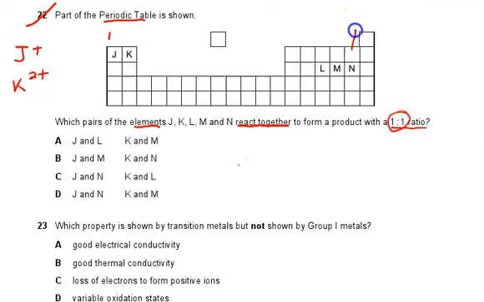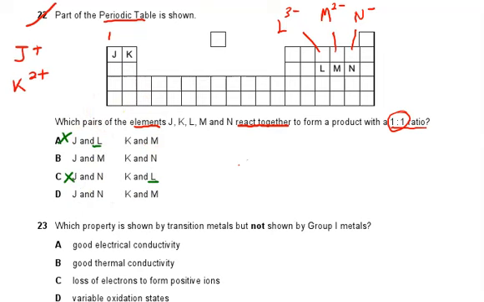And so N here is N negative 1, M is M 2 negative, and L is 3 negative. So L is impossible to form a 1:1 ratio with J and K. So there is no L over here.